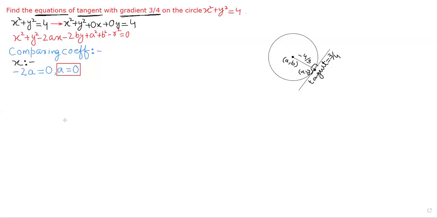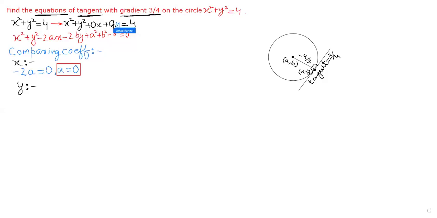Now, going for comparison of y. Okay, so comparing the coefficient of y, over here it is -2b, and over here it is 0.